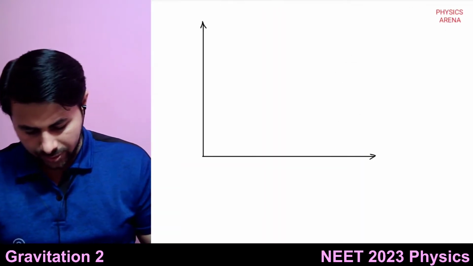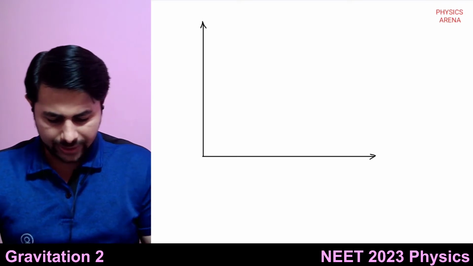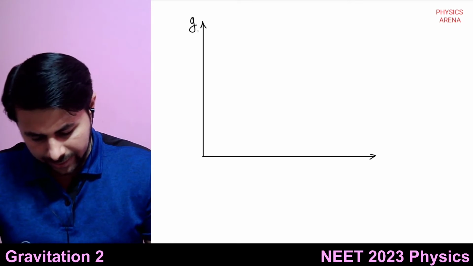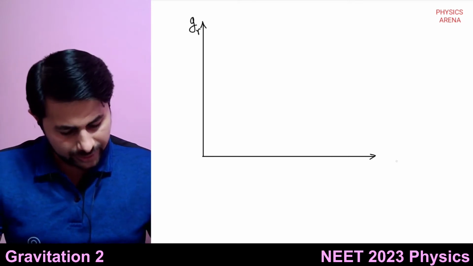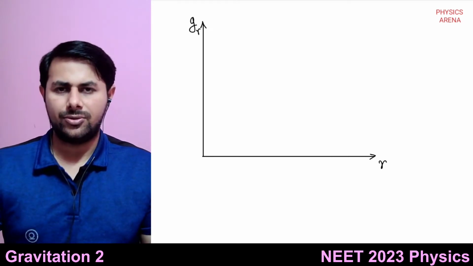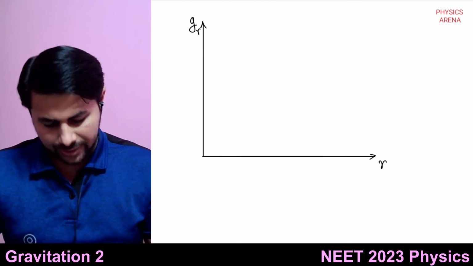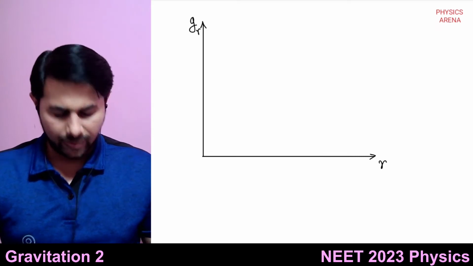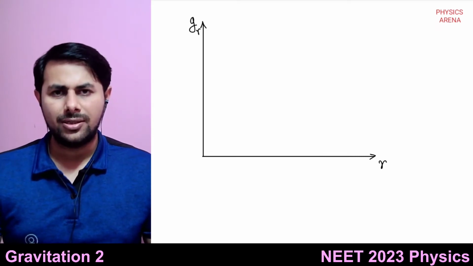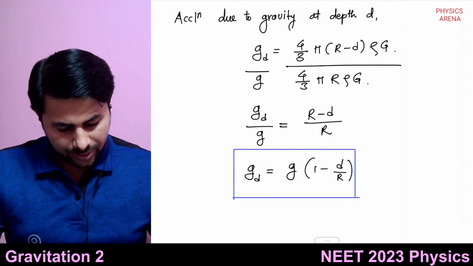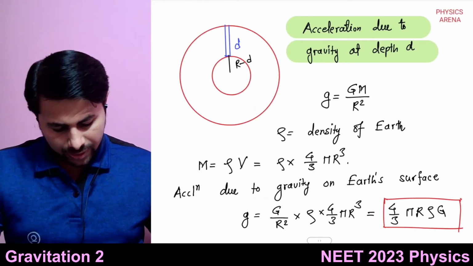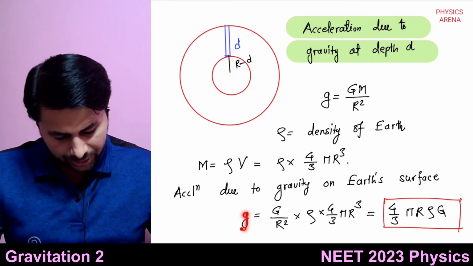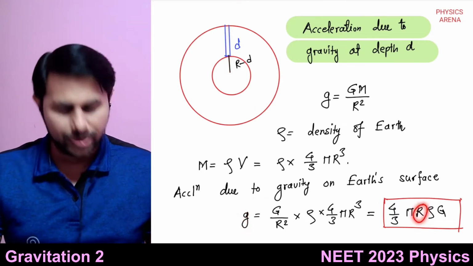So if I want to plot the acceleration due to gravity g at some position r versus r itself, what is r? R is the distance of the point from the center of Earth. Now see, below the Earth's surface, this acceleration due to gravity is directly proportional to r.